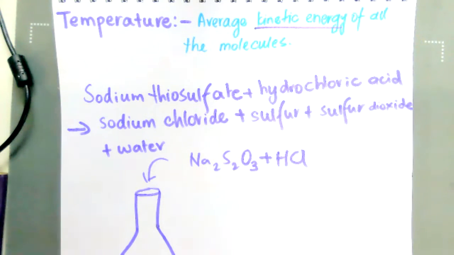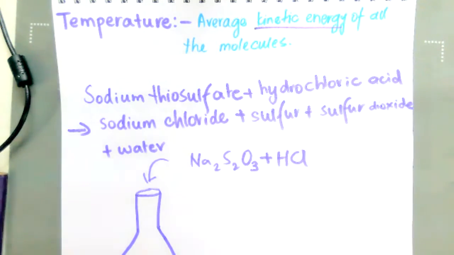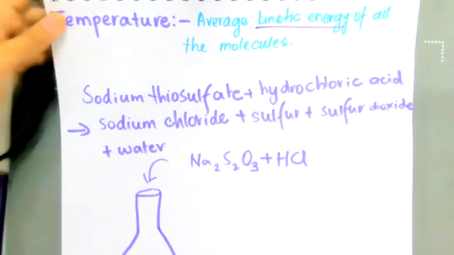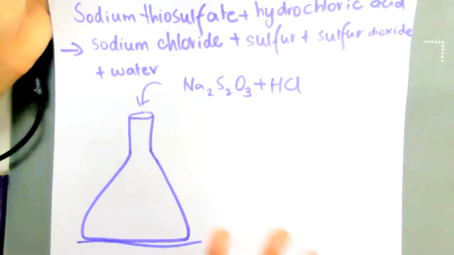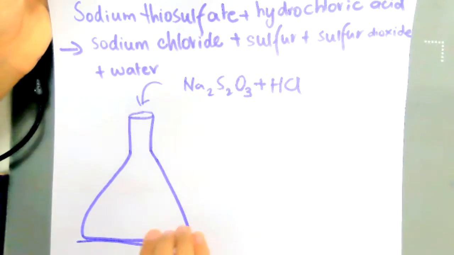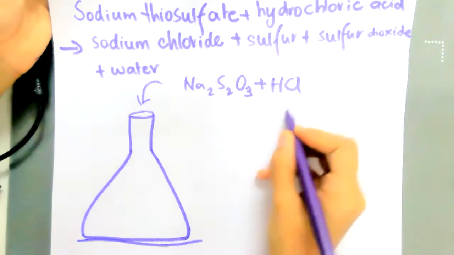Okay, so for temperature, we're going to use two flasks. Again, we're going to compare. We're going to place hydrochloric acid in conical flasks like this.